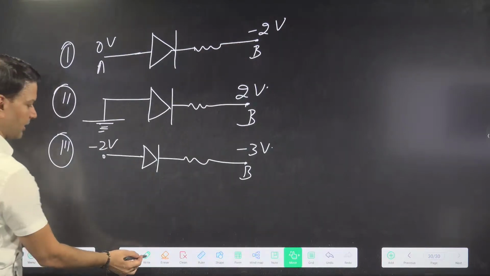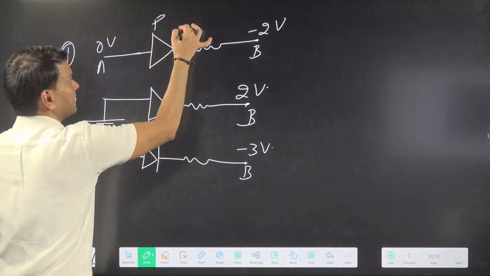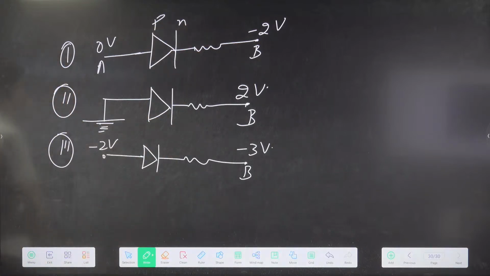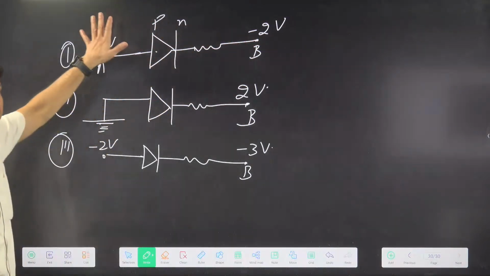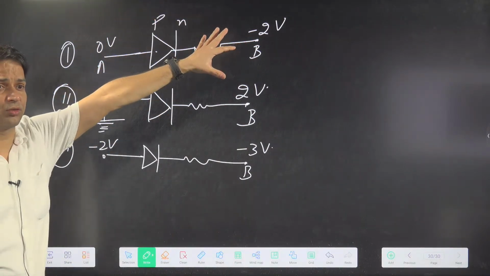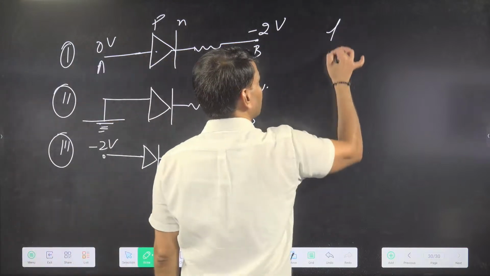This we take as P, this we take as N. So first one, P is at 0, N is at -2. So P is at the higher potential in comparison to N. So first one is forward.